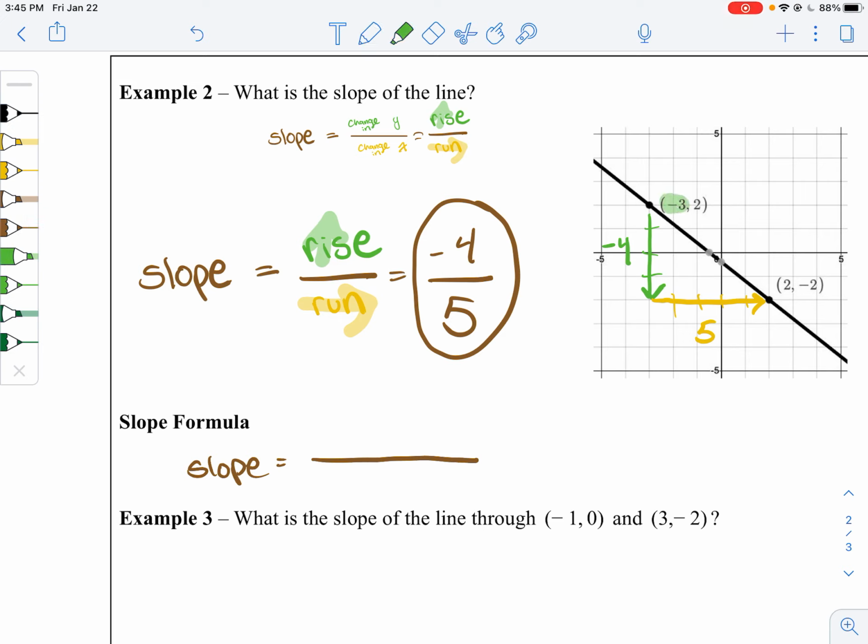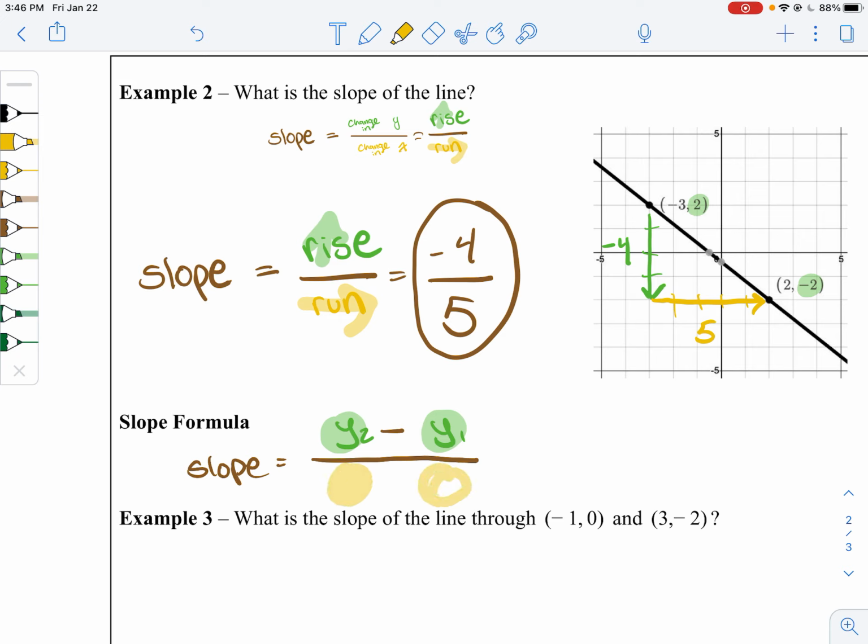Oh, sorry, those are not our y values. Our rise is whatever 2 minus -2 is. So we need to find the difference between two y's. But we can't just do y minus y. It's second y minus the first y. So we say y2 minus y1.